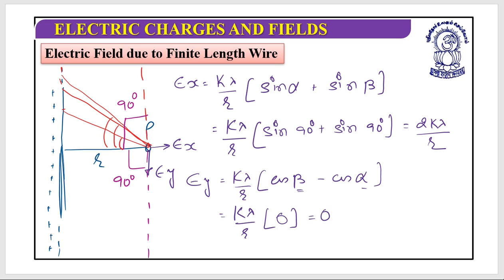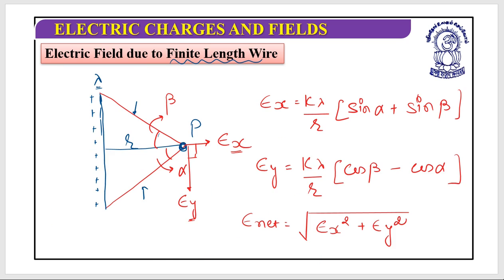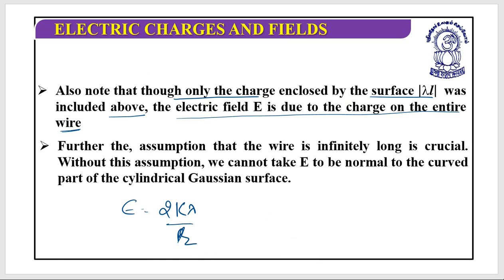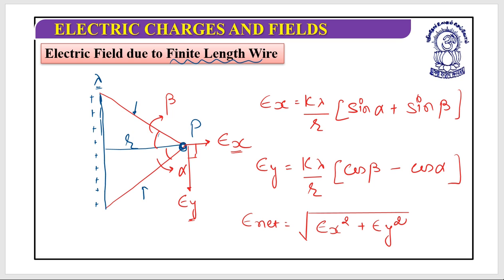So Ey would be 0, and E net would be equal to 2k lambda by r. Look at this. This is perfectly matching with the relation that we have derived with the help of Gauss's law. Yes, so it means I can use this relation. This works perfectly fine.